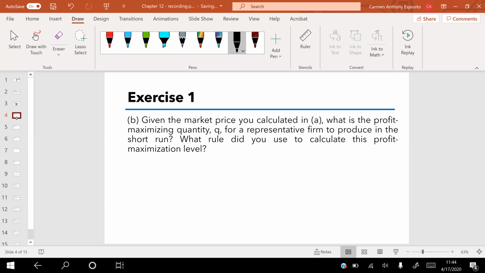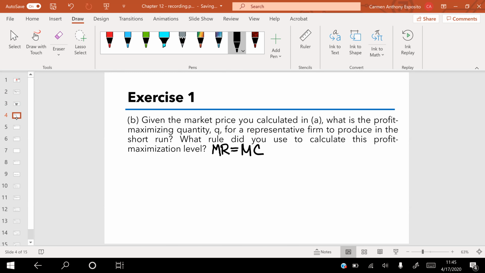Given the price we just calculated, we want to know what is the profit maximizing quantity, little q, for a single firm to produce in the short run. What rule did you use to calculate maximization level? Well, we've always talked about profit maximizing with marginal revenue equals marginal cost.